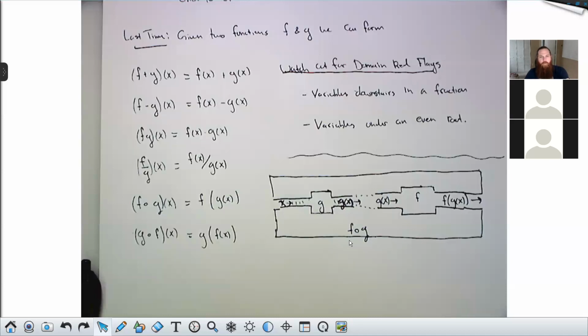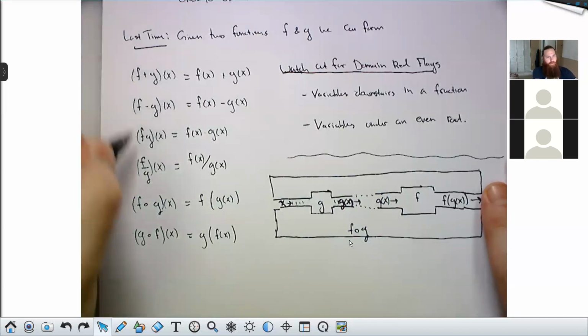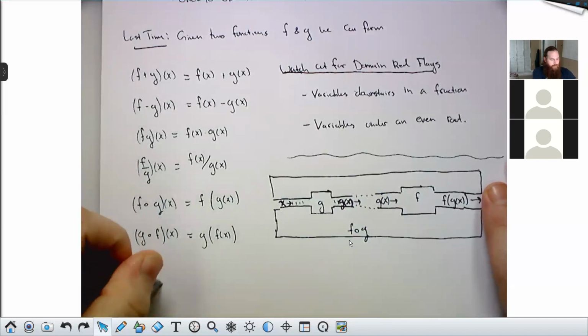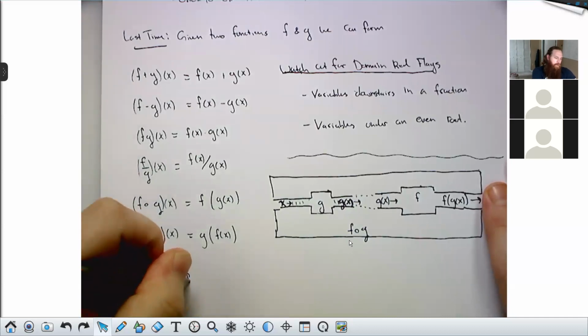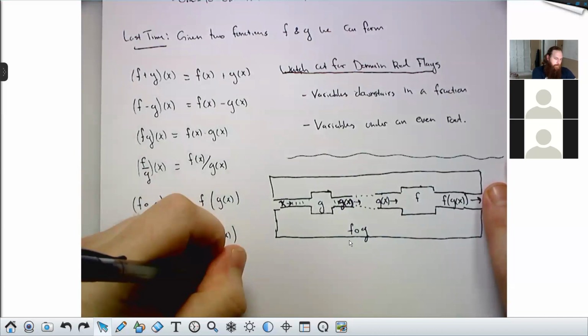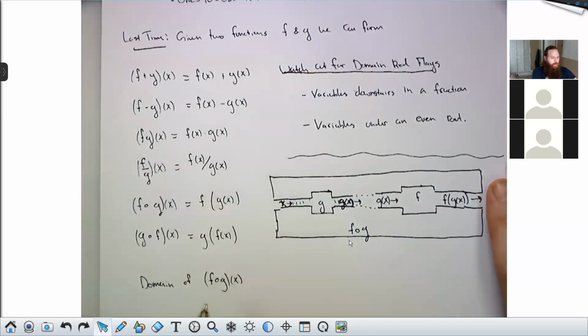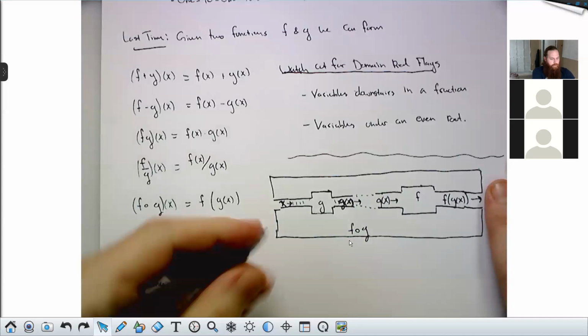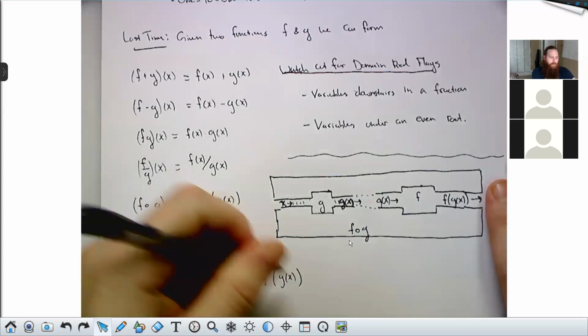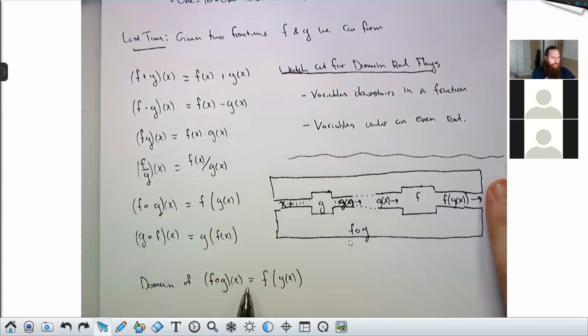Domain rules for composite functions are a little bit more complicated. Last time I gave you some domain rules for each of these. They should be in your notes. I'm not going to write those down again. The domain of f of g of x, if you think about what you have to do to be able to feed something to this function, x, in order to be in the domain of this, must be in the domain of g.